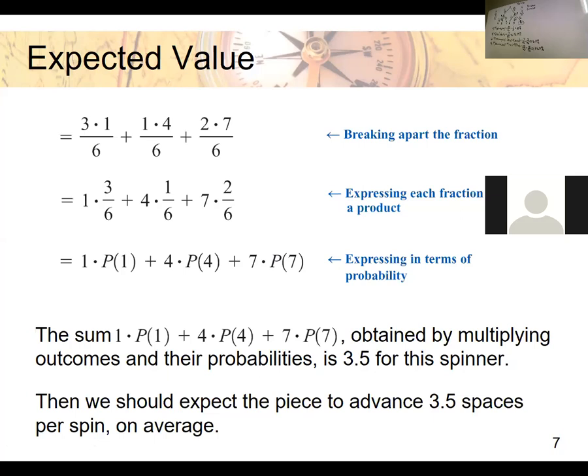If we take the sum of the products of their outcomes and their probabilities, that sum will be 3.5. So that means we should expect the piece to advance 3.5 spaces per spin on average.